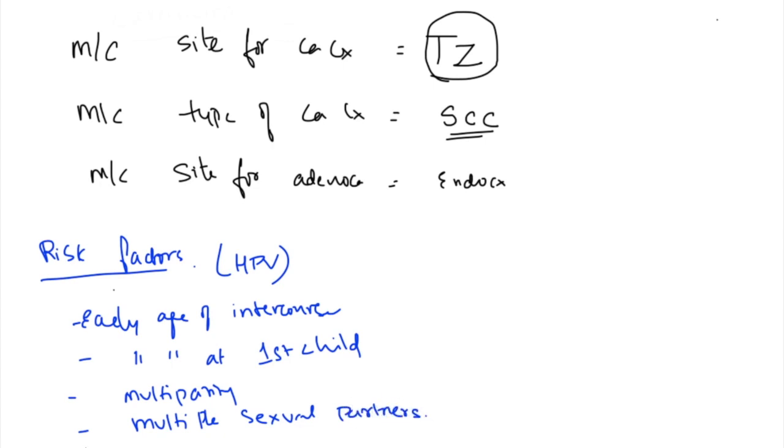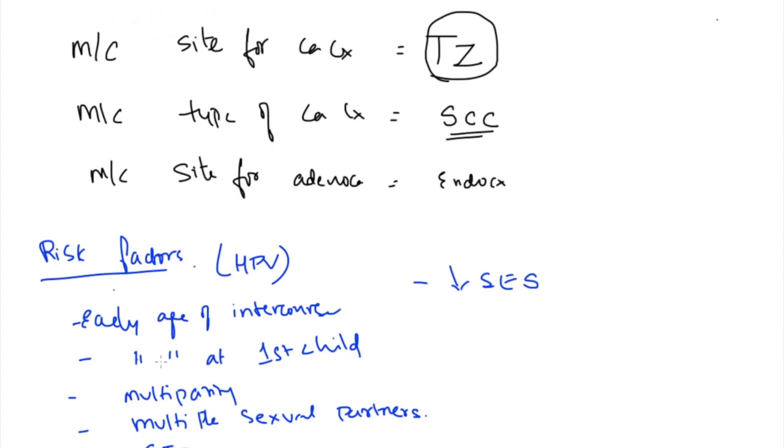And STDs, very important. All the STDs, because when there is an infection, there could be erosion, epithelial denudation and so on. So now there is an easier path for the HPV or other viruses to get in. So all STDs are a risk factor. And it is observed that low socioeconomic status is also a risk factor.